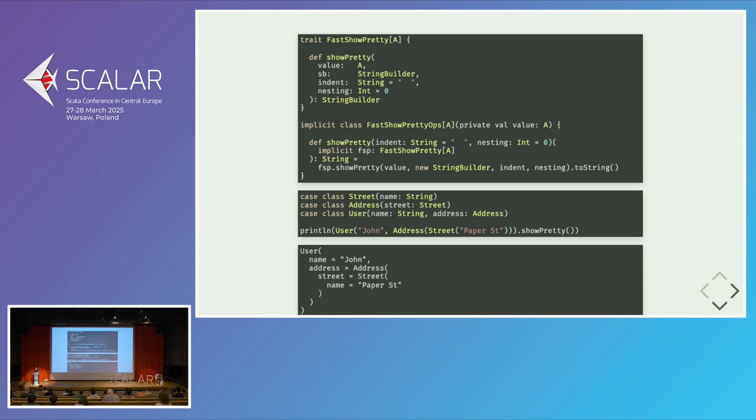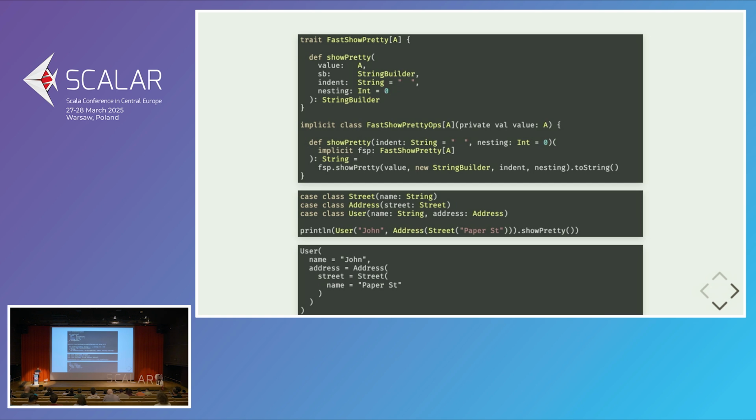So I decided to implement something like that. A Show instance which is much faster because it's using a string builder, but which is also pretty printing, so that you have all of these indentations, things like that. So it's much more user friendly.